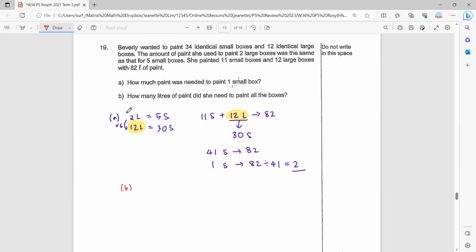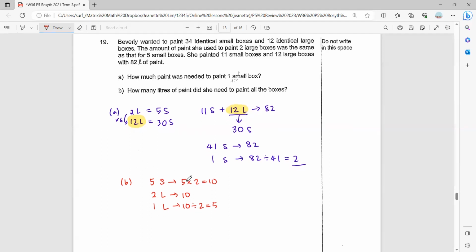I know that 2 large is the same as 5 small, so I can find 5 small first. 10 liters. So 2 large is the same, 10 liters. So 1 large is 10 divided by 2, 5 liters. Okay, then I found my 1 large already.